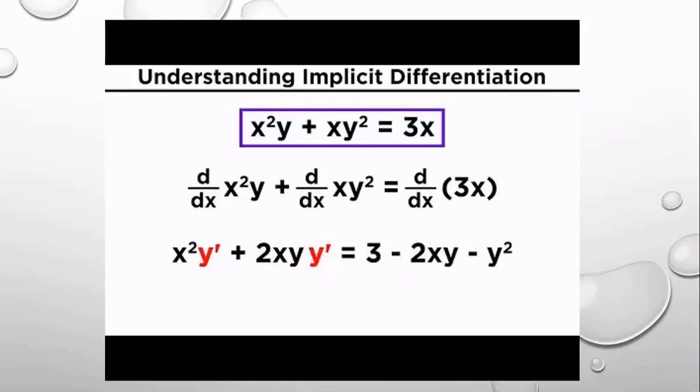Both x and y are variables, then it is a uv product. uv means keep x here, differentiate y, plus keep y, differentiate x. So keep x here, differentiate y, y dash. Here 2x into y dash. Why y into y dash?